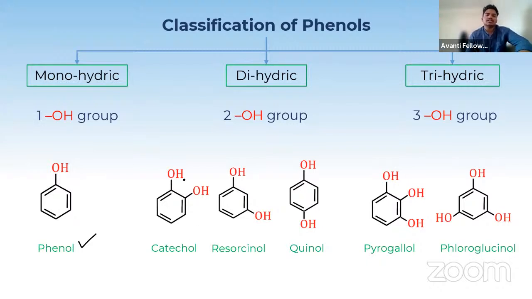Catechol is also called a dihydric phenol, where phenol is substituted with an ortho OH. This is resorcinol, and this is quinol or hydroquinone. We can also call it 1,4-hydroxyphenol. You can also call it 3-hydroxyphenol or 2-hydroxyphenol.